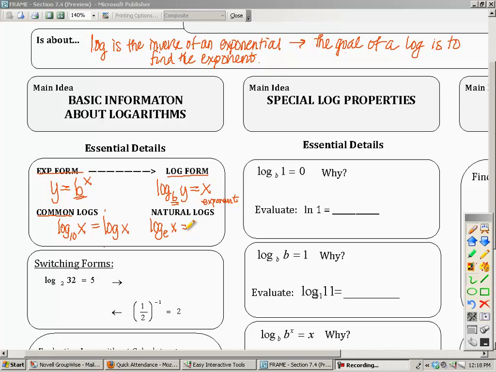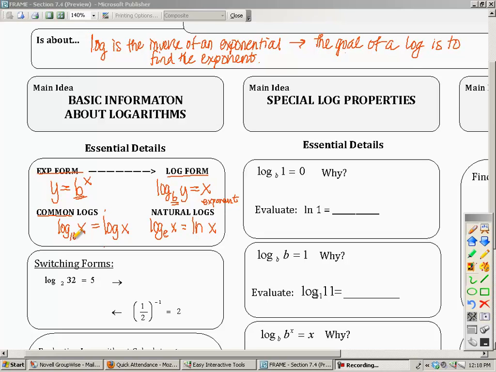There's another log button on your calculator, and it's this ln button. This ln we call a natural log. I always joke that it's some European saying "logo natural," which is not true, but it's this idea of a natural log with a base e. If it's base e, we just say natural log. If it's base 10, we just say log. Those are the two types of special logs.